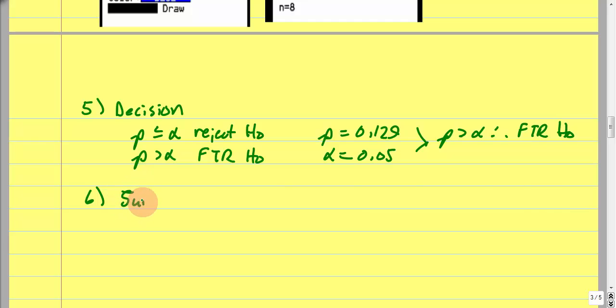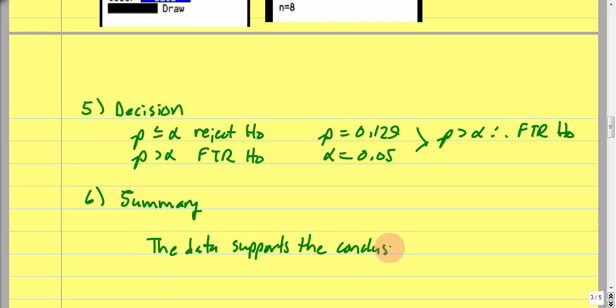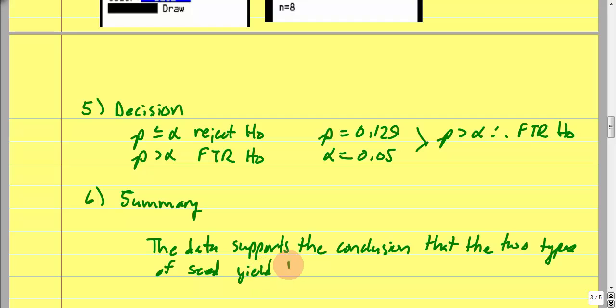So for our summary, and there are a lot of different ways that we can say this, but basically the data supports the conclusion that the two types of seed yield the same amount on average.